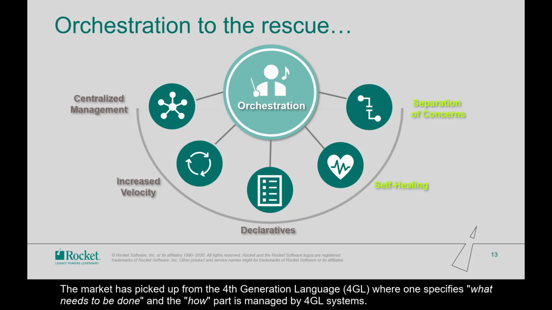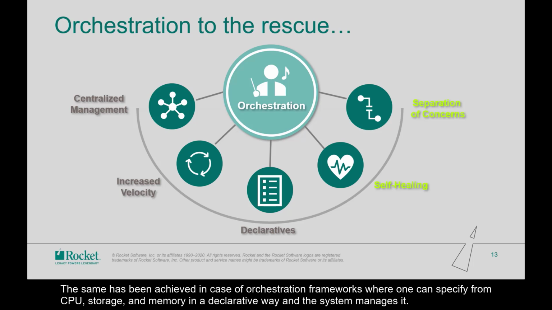The market has moved on to fourth generation languages, where one specifies what needs to be done and the how part is managed by the 4GL system. The same has been achieved in orchestration frameworks, where one can specify CPU, storage and memory in a declarative way and the system manages it.